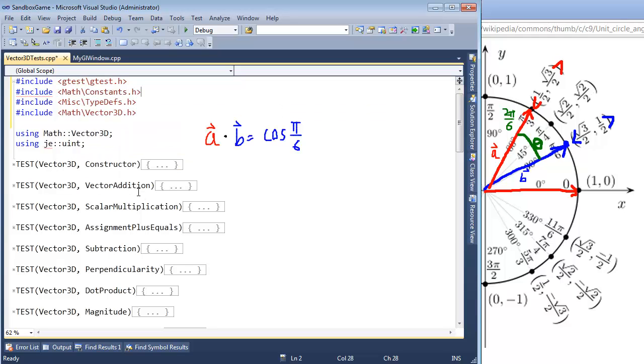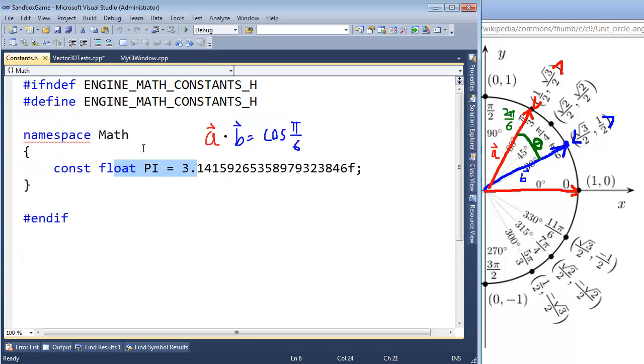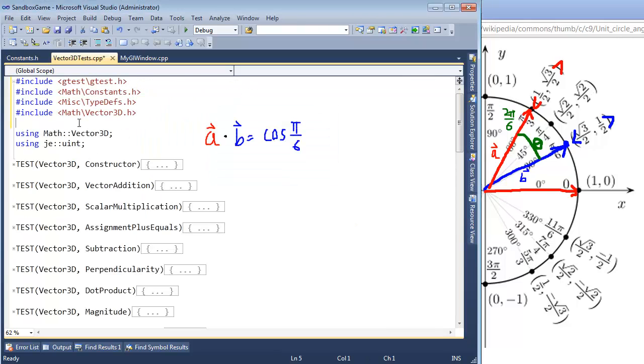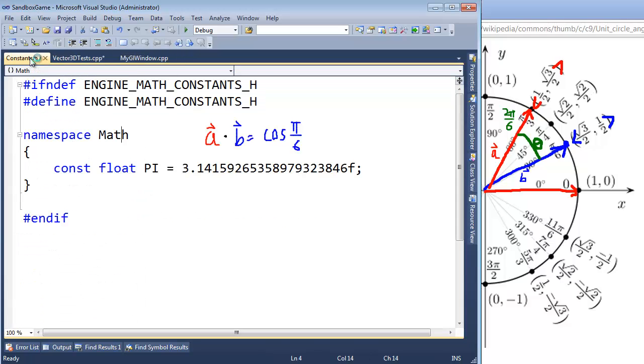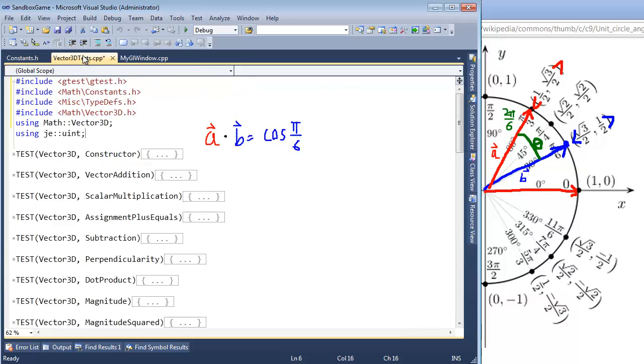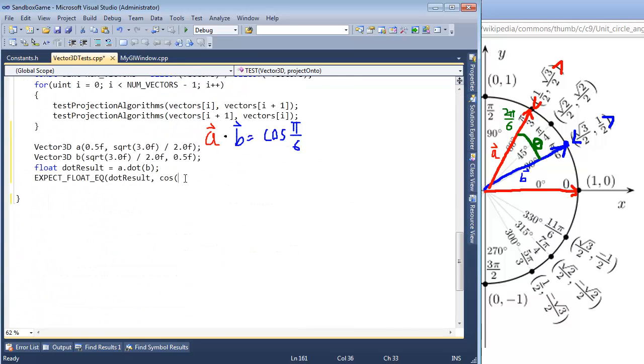Math constants, and I believe let's right click here, open the document. Oh, pi is the only thing we put in there. Whatever. I'm not going to put a using up at the top though for math.pi because I don't want to clash name-wise with anything else that might be included. So I'm actually going to just say math.pi and be explicit here, and it's pi divided by 6.0f. So those two should be equal.